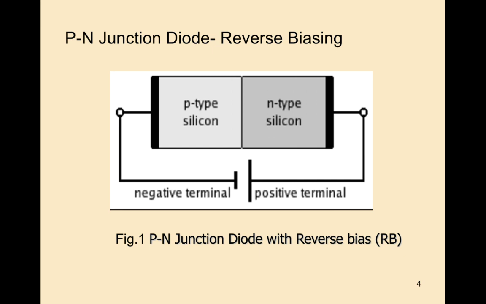In this way you connect the diode in reverse biased mode. We just change the direction of the battery used in forward bias; we reverse the battery in reverse biasing mode. Reverse means negative is connected to the positive of the diode, and positive is connected to the negative of the diode.